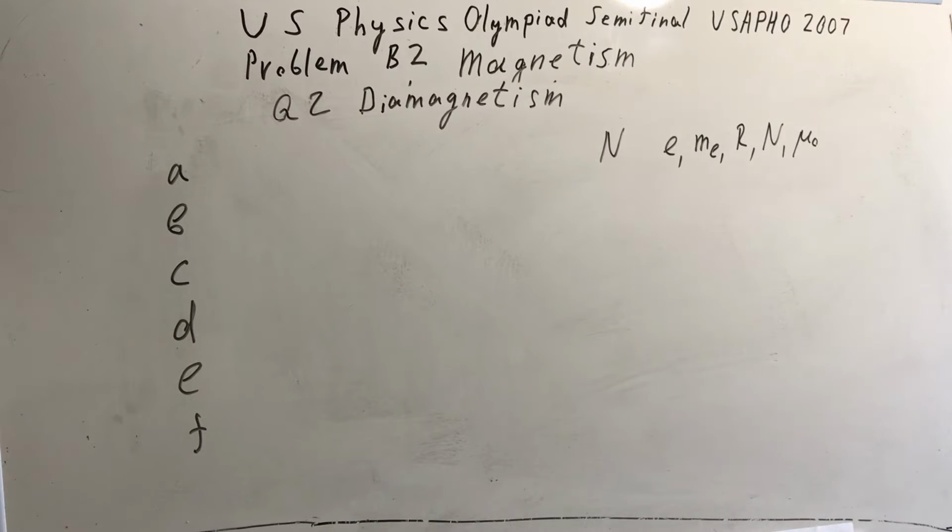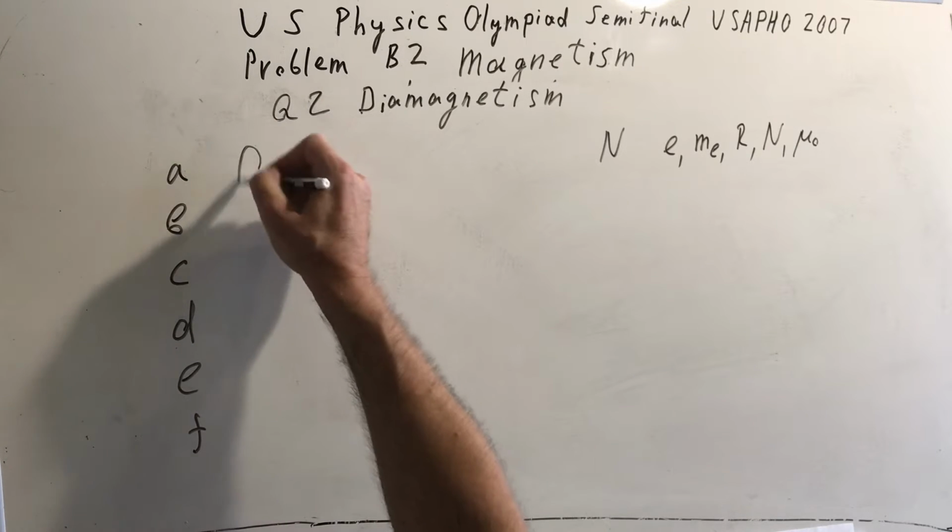So if we have exactly half going in the positive direction and half in the negative direction, the total magnetic moment is 0.